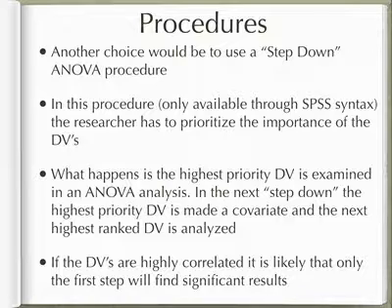Is this what they call the step-down ANOVA procedure, which is similar. It has a similar flavor to it, but it does have one important distinction. Can't do this with the point and click, but you can do it with a couple lines of syntax in SPSS. And in this case, what the researcher has to do, and this is difficult, and maybe another reason why it's not used very often, is prioritize your dependent variables.